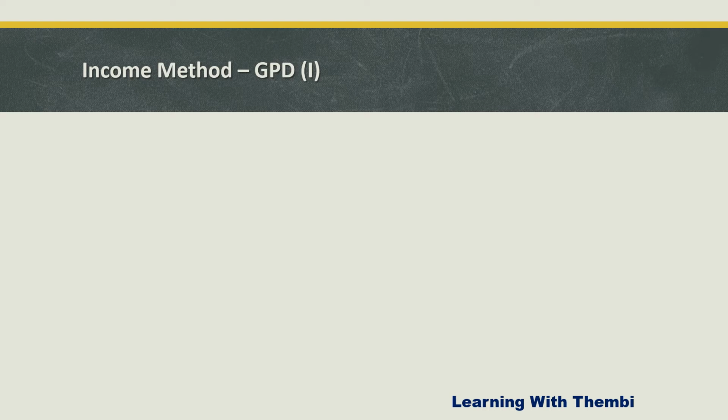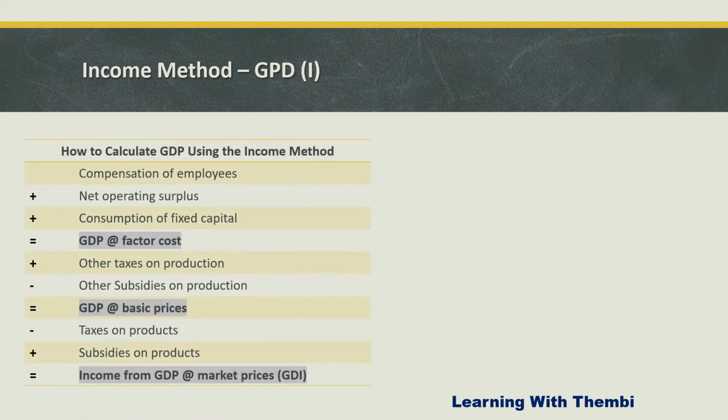So just as the value of income should equal the value of production, the GDI should also equal the GDP, particularly when the GDP is calculated using the income method. There are three steps of calculating the GDP using the income method.